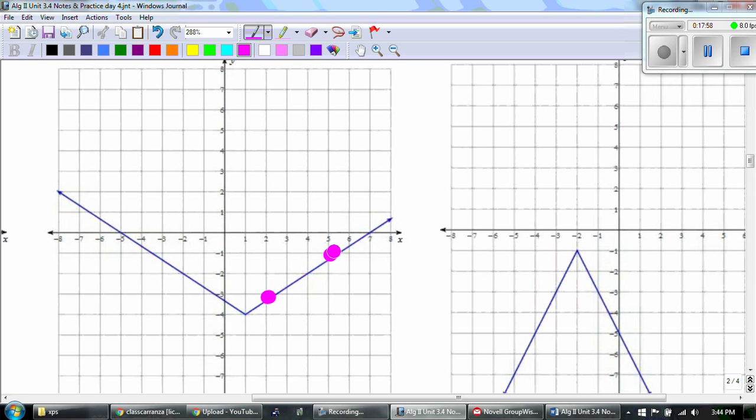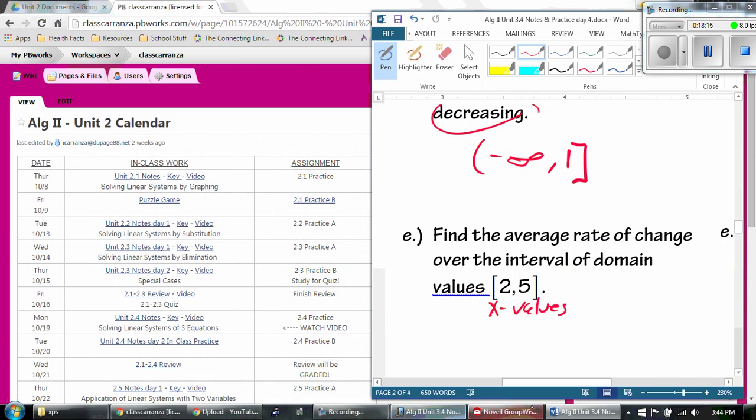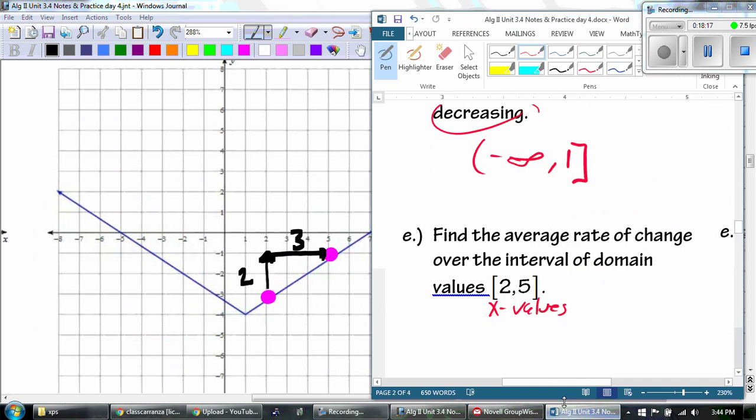But there's 2, and that's where 5 should line up. I'm sorry that mine's a little off. I think yours might be 2. But this means we're going up 2 and then to the right 3. Okay, so our average rate of change is 2 over 3.